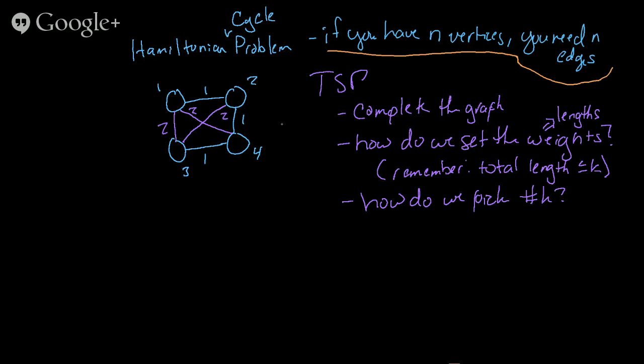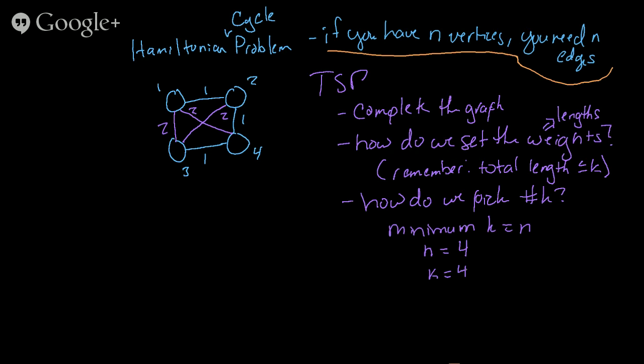Why did I do that, you ask? Because look right here. So this k, what did we just decide? Our minimum k for the traveling salesman problem must equal n, or in this case, if n equals 4, let's say 4, then your k should also equal 4.